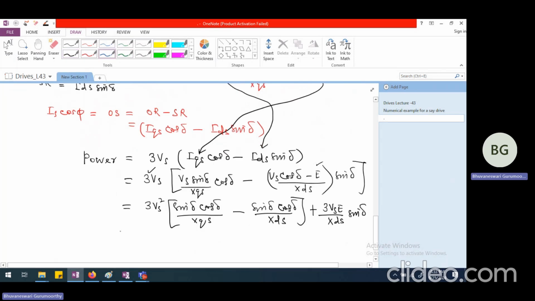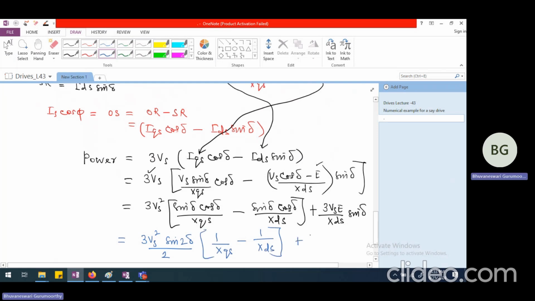Let me rewrite this once again. I can write this as 3Vs square, sine delta cos delta is sine 2 delta divided by 2. And I can write this as 1 divided by XQS minus 1 over XDS.